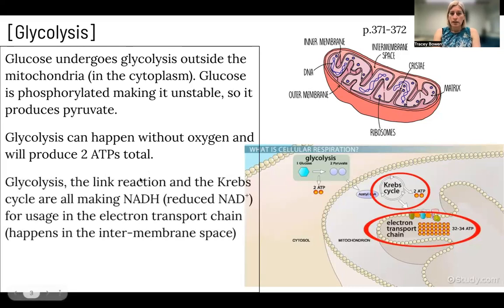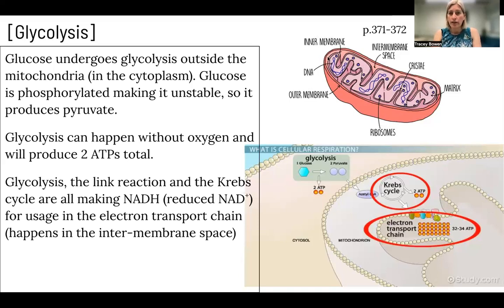So glycolysis, the link reaction, and the Krebs cycle are all making these NADHs, the reduced NAD+, for usage in the electron transport chain. And the electron transport chain is going to use them in the intermembrane space. So that's going to be this space in here. When we're looking at a picture of a mitochondria, we do need to know some of these components.